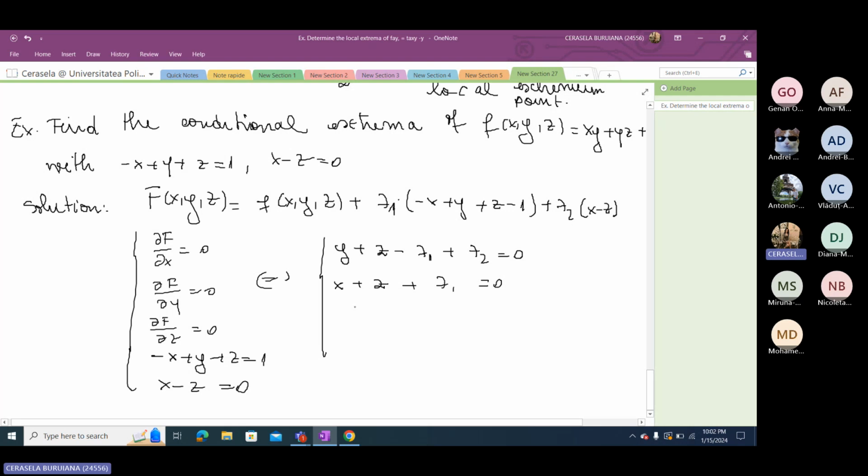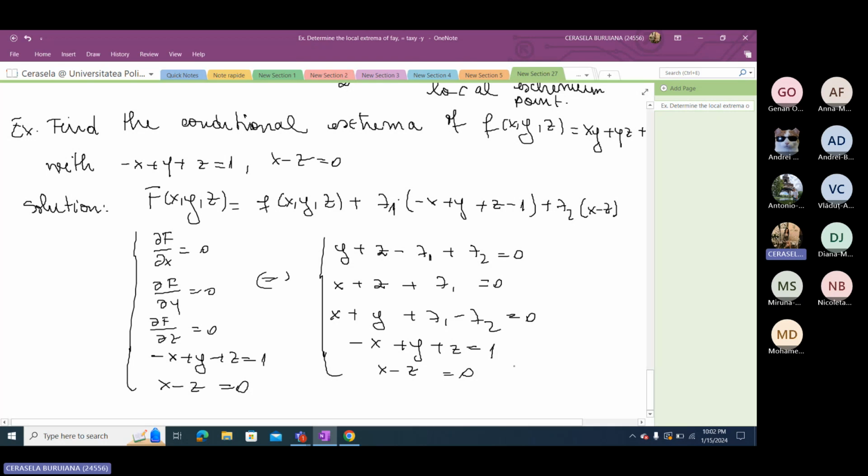The third one, F derived with respect to z: this is x plus y plus lambda 1 minus lambda 2, everything equals 0. Now, I add also the conditions.